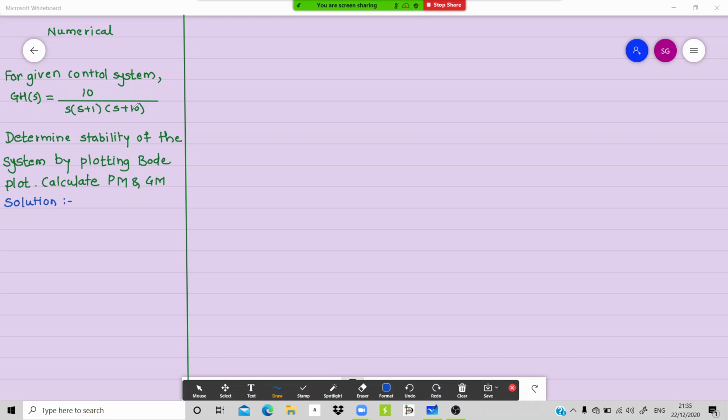So the same thing, I can write it as GH of S is equal to 1 upon S into (1 plus S) and (1 plus S by 10). So 10 divided by 10, and S divided by 10.